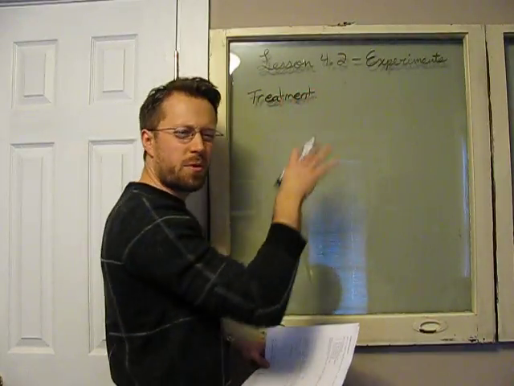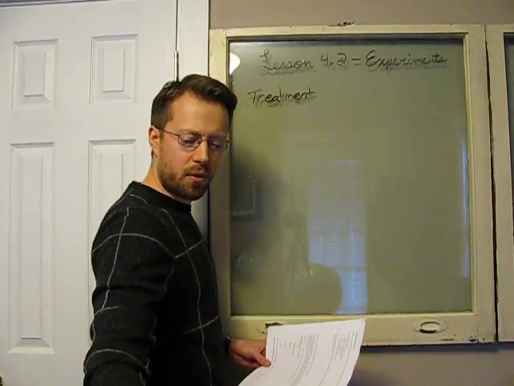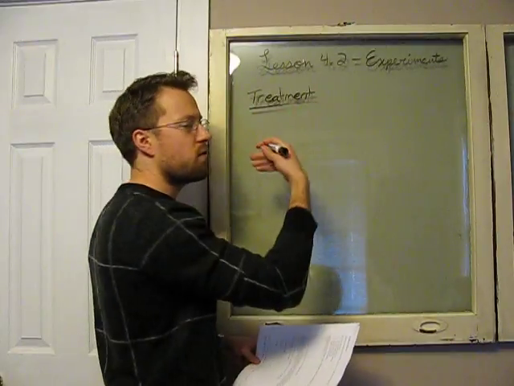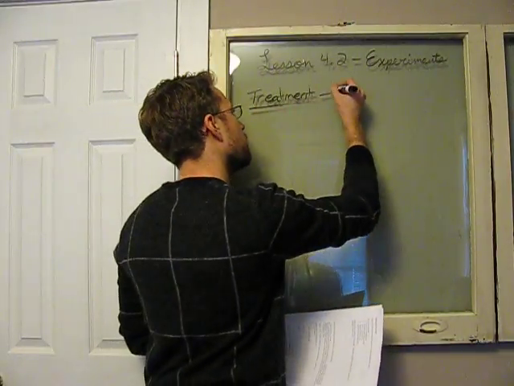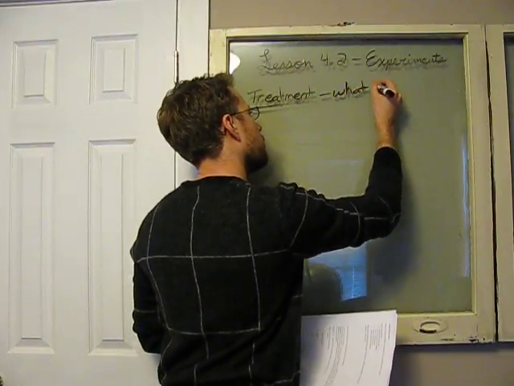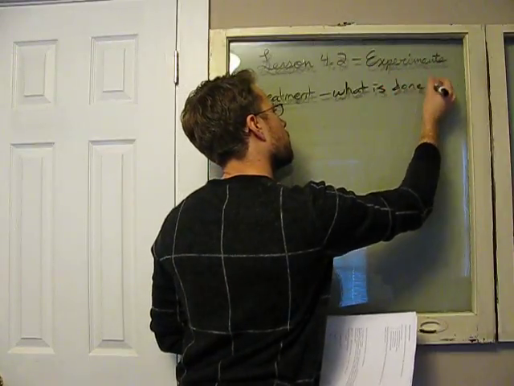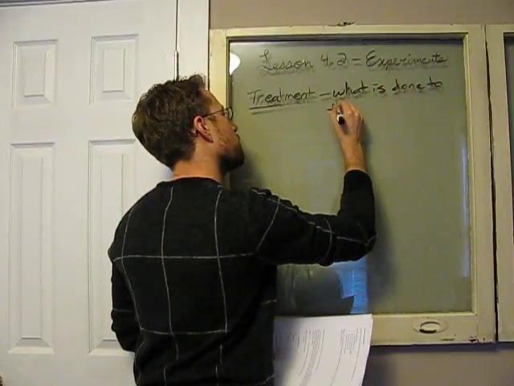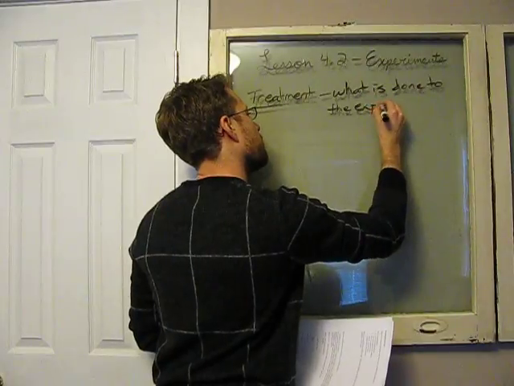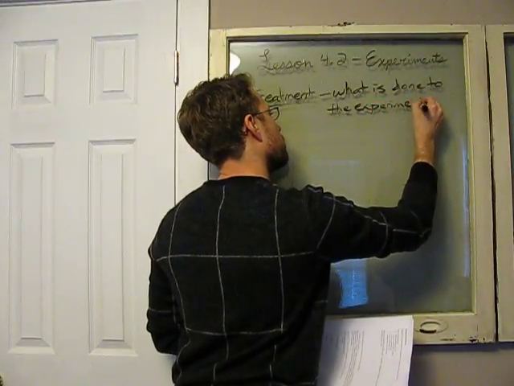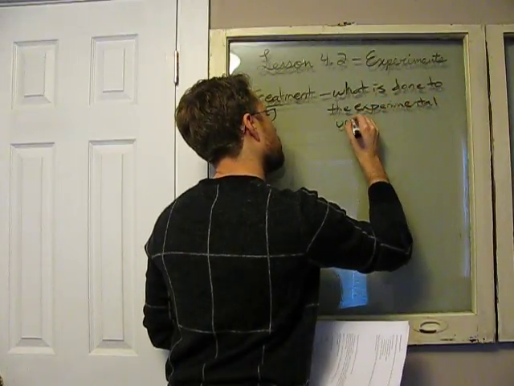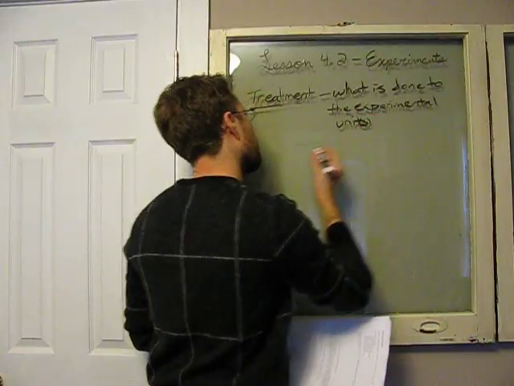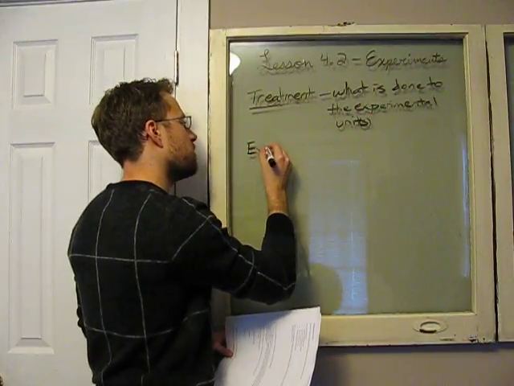I'm kind of skipping around with lots of vocabulary words from the lesson. Treatment, remember, is what you do to the experimental units. All right, so let's talk about experimental units.